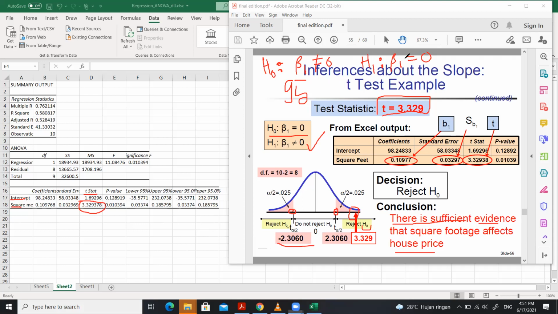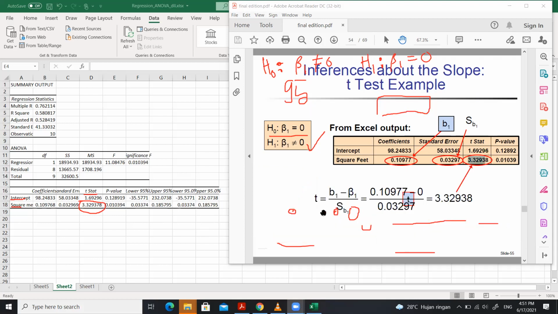Okay. And then if we go back to this one, in the test, if we use this one, we want to test, in this case, H1.